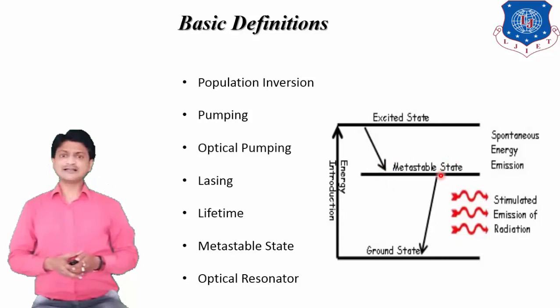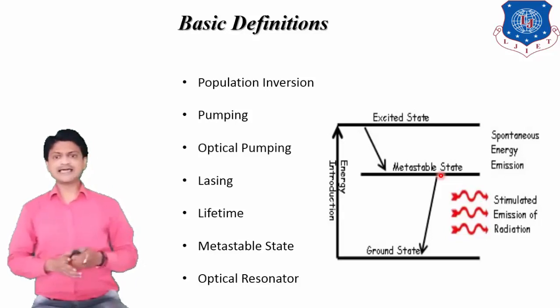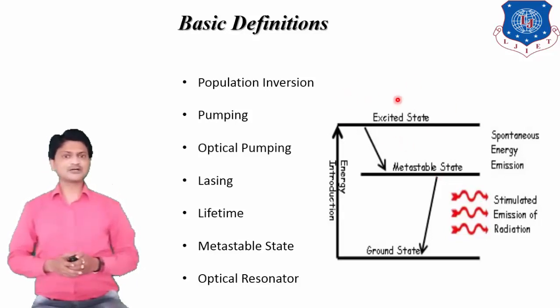So we can say that population inversion is a state of achieving more atoms in the excited state compared to the ground state. That is, the population of the high energy level N2 is greater than the population of the lower energy level N1.